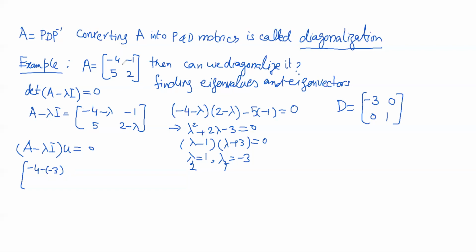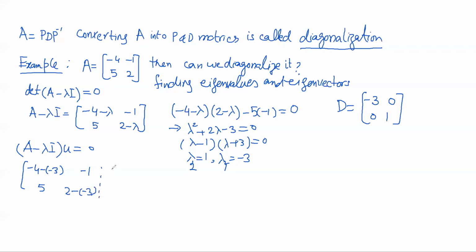Only the diagonal elements will be subtracted by the lambda values because of this identity matrix. So that element will be minus 1 from A, then that element will be 5, and this diagonal element will be 2 minus 3.